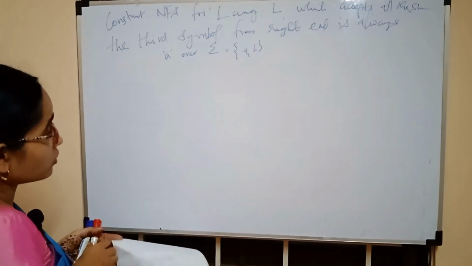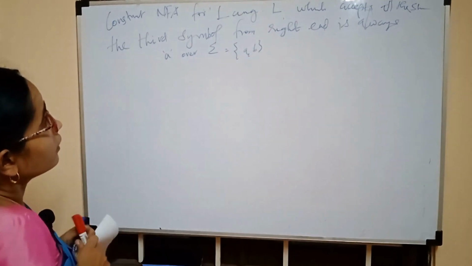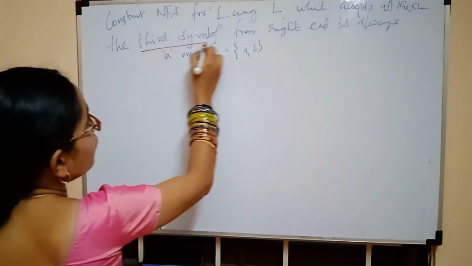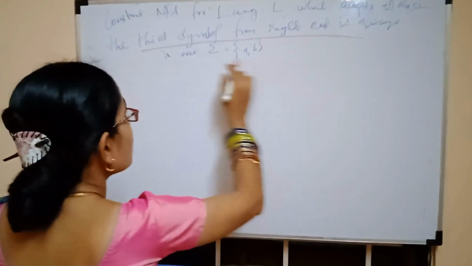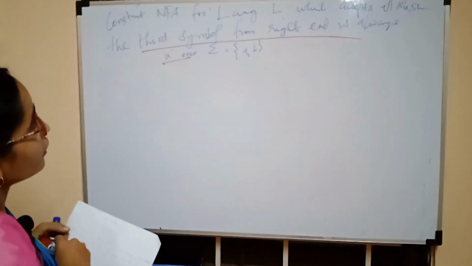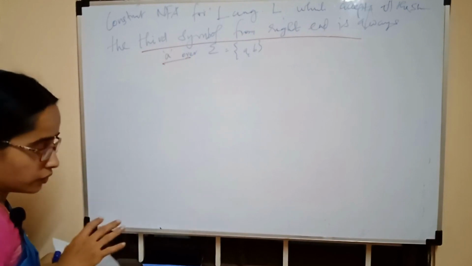Hope you understood the problem statement. In which the third symbol from the right end, you have to note down the keyword, right end, is always A. You need to find the NFA. So first of all, you have to understand what an NFA is.